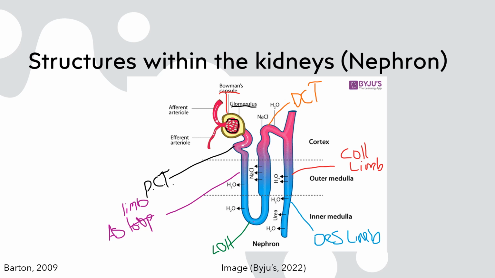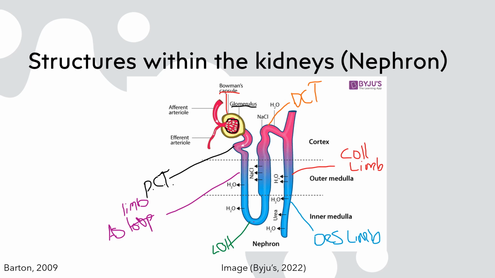The glomerulus is known as the filtering unit of the kidneys, and its function is to filter blood plasma and produce glomerular filtrate. Once that's pushed out with forces that we'll talk about in a few minutes, it goes into Bowman's capsule, which collects that filtrate and passes it on into the tubules, the next section of the nephron.